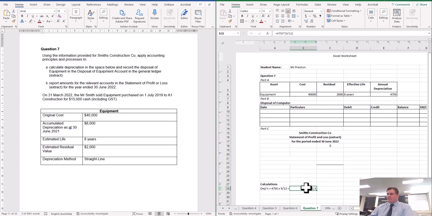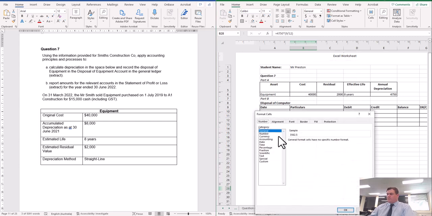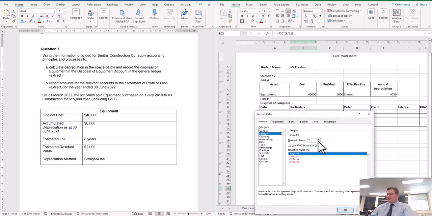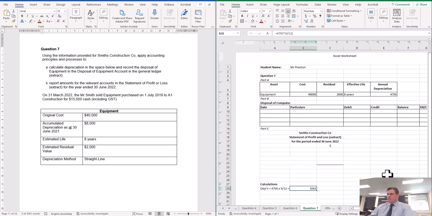Obviously, with depreciation, we always round it to whole dollars because it's just an estimate. So use a whole dollar number, which is 3,563. So that's the depreciation for the current financial year, if you like. So up until the date of disposal, which is also going to be important when I come to do my statement of profit and loss, which is the second part of this question. So, all right, so the date of disposal is the 31st of March, 2022.